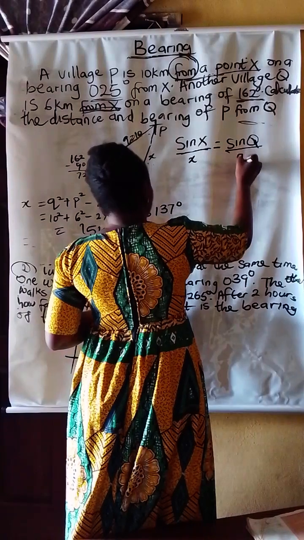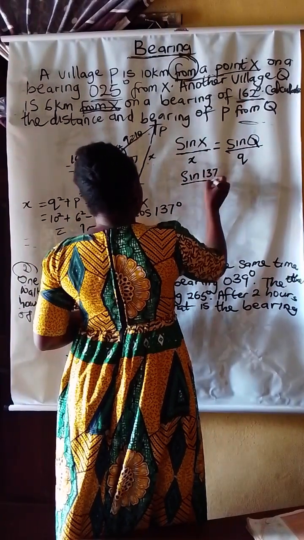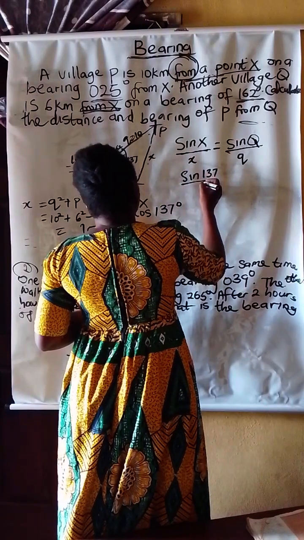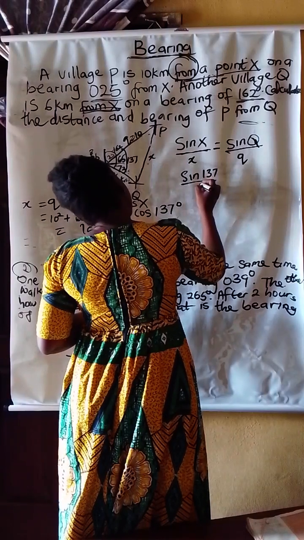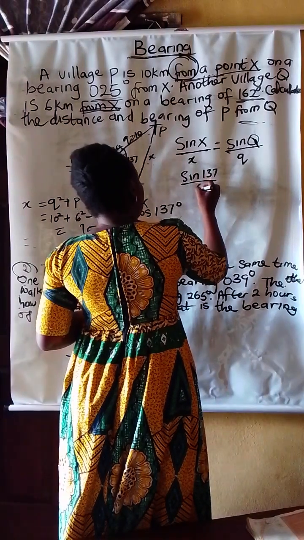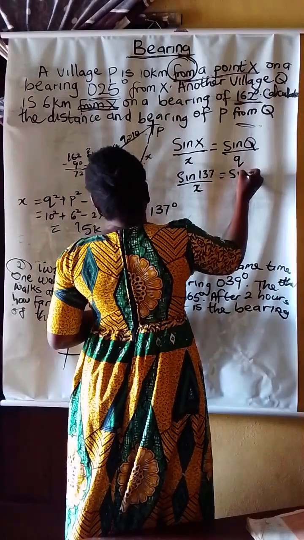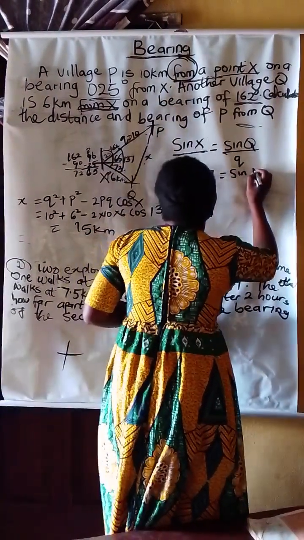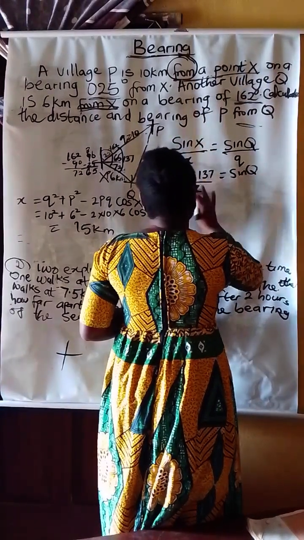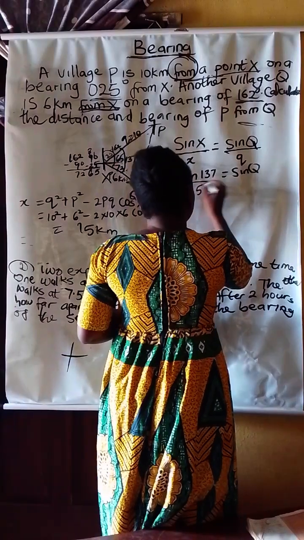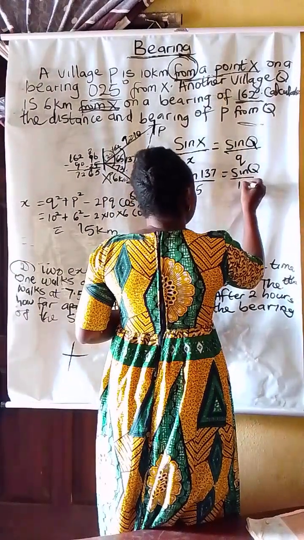So sine 137 over X equals sine Q over Q. So this is 15 over Q, and Q is 10.